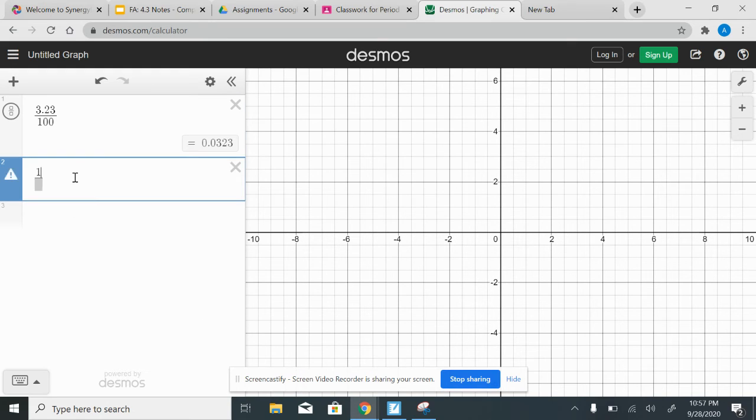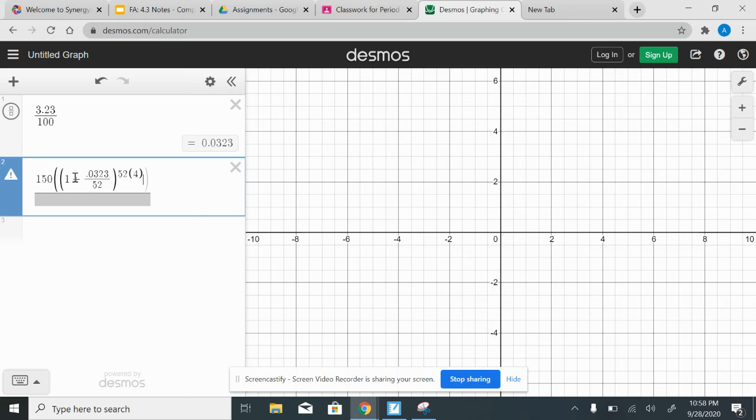Starting with the fraction bar, I got a $150 deposit, 2 parentheses, 1 plus my rate of 0.0323 divided by the number of times compounded, and that was weekly, so 52 in the denominator, end parentheses, and raise it to the power of NT. 52 was my N value, and we're going to deposit this money every week for 5 years.